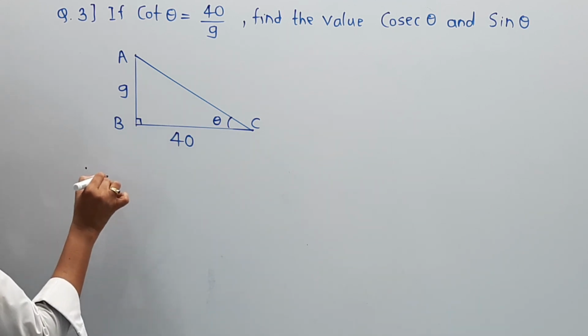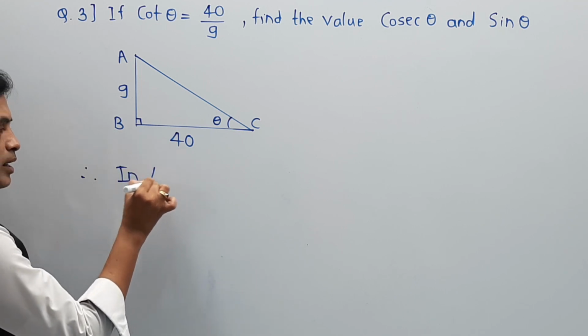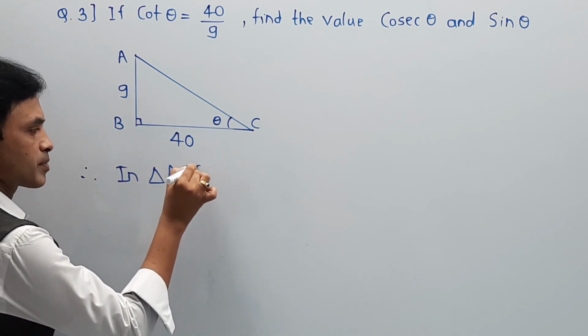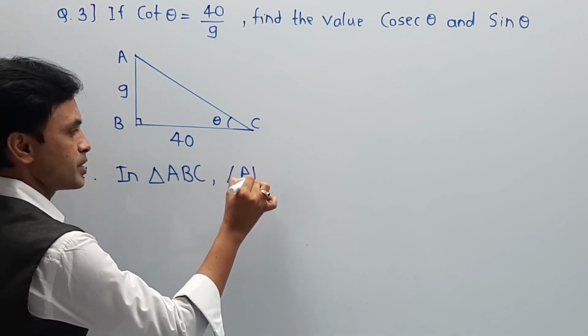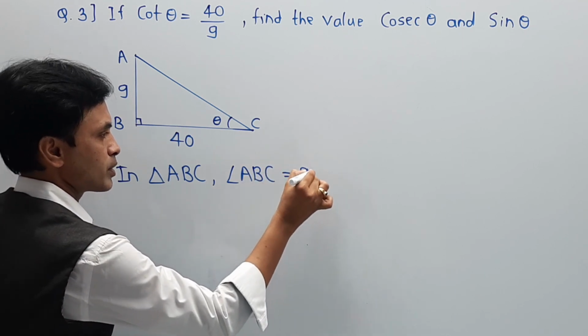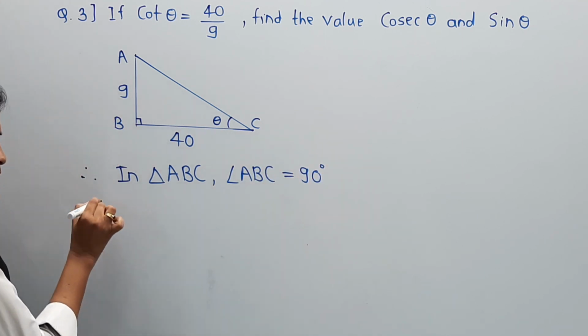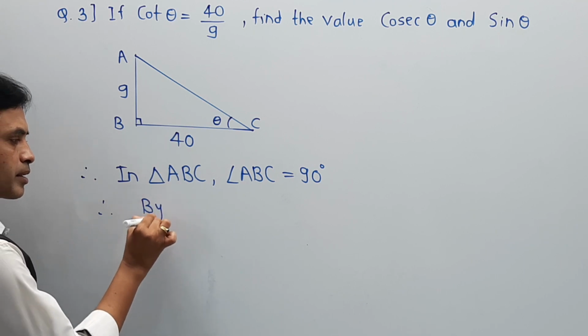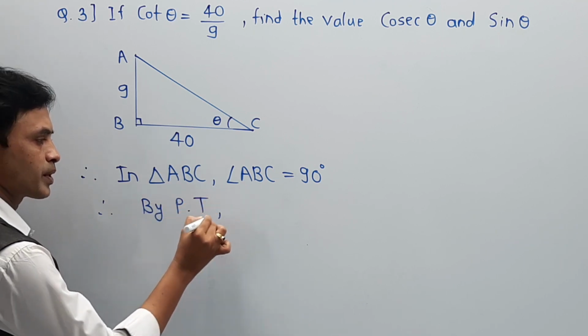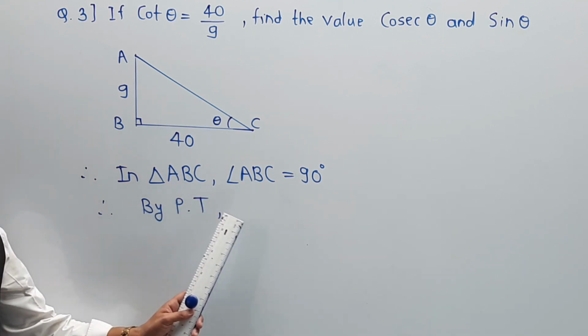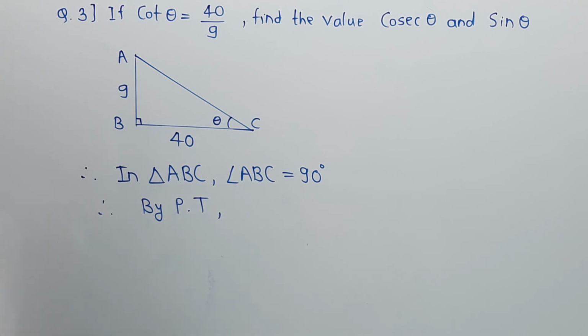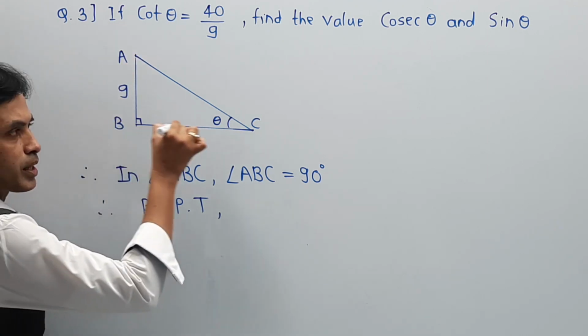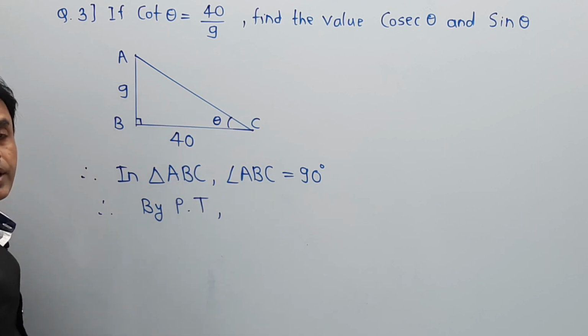Therefore, in triangle ABC, angle ABC is equal to 90 degrees. Therefore, by the Pythagoras theorem, I am writing in short, but you are supposed to write in proper detail. You know that AB square plus BC square is equal to AC square.